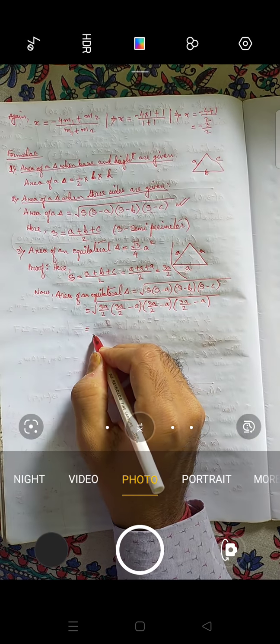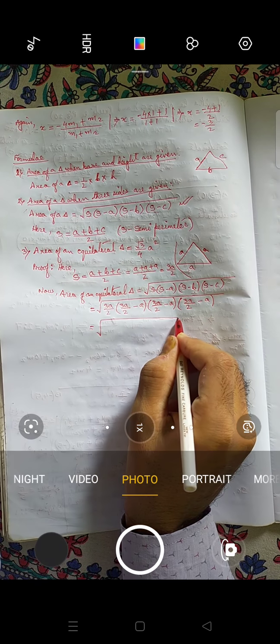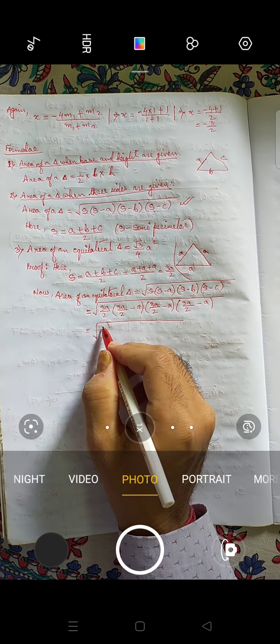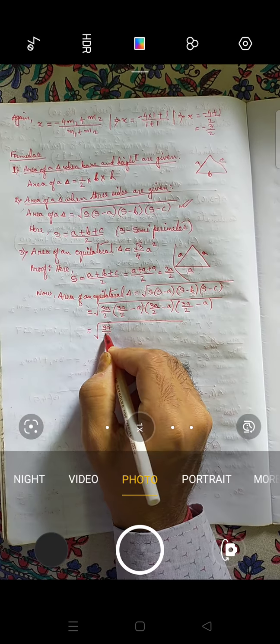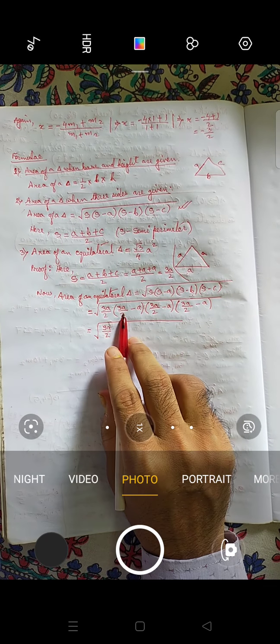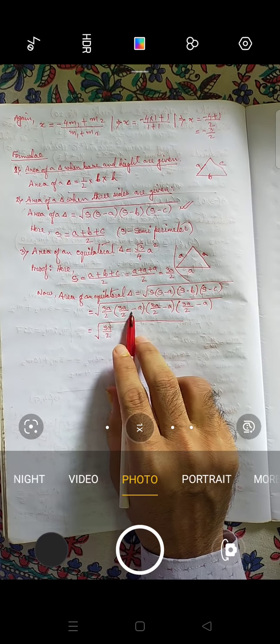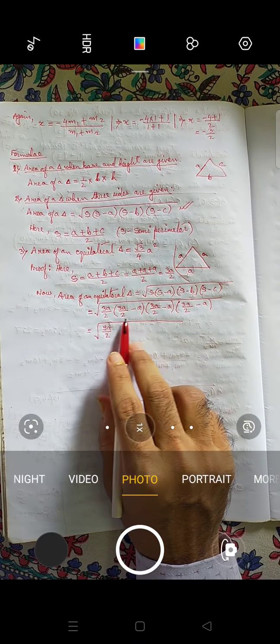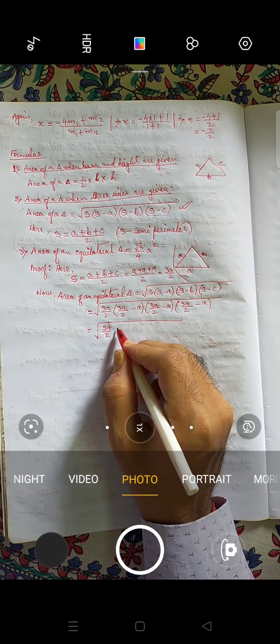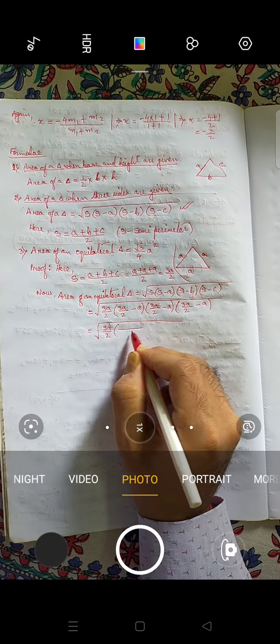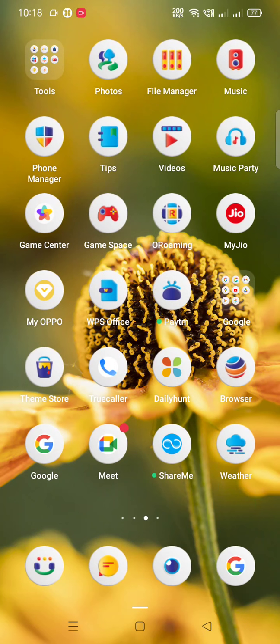Now this root over remains the same. This 3A by 2 I am writing the same. Now this is a bracket, so we have to solve the bracket first. Here 2 is there, so we'll take the LCM as 2. So 2 into what gives 3A? We will have 3A minus, nothing is here in the denominator, that means 1. 1 how much is 2? 2's are, so it will multiply by 2, that means we will have 2A.